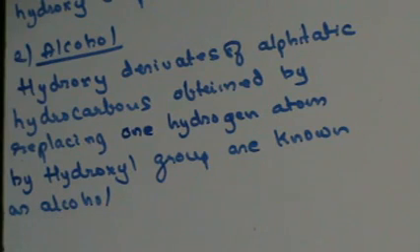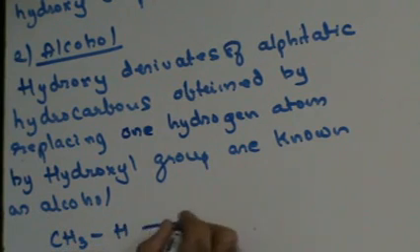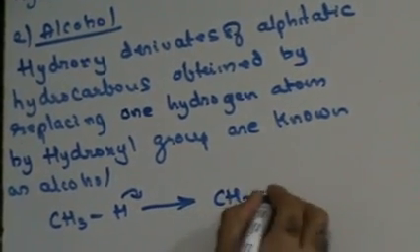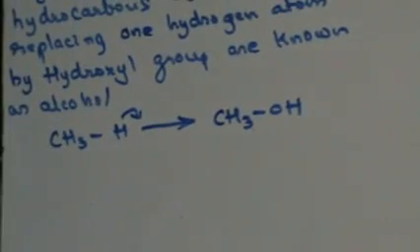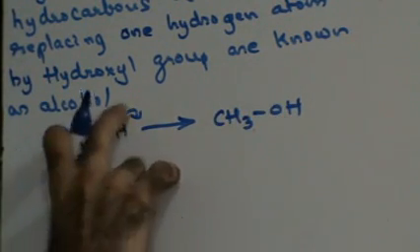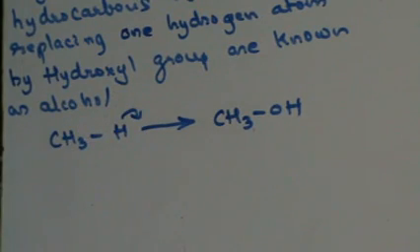That means in aliphatic hydrocarbons like CH3H, if I remove a hydrogen and instead put a hydroxyl group, then what I get is called an alcohol. So alcohols are hydroxy derivatives of aliphatic hydrocarbons obtained by replacing one hydrogen atom by one hydroxyl group.